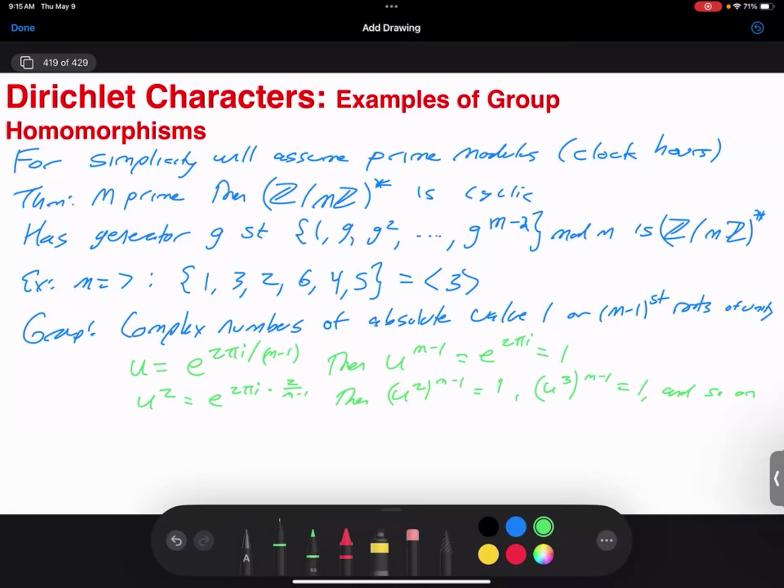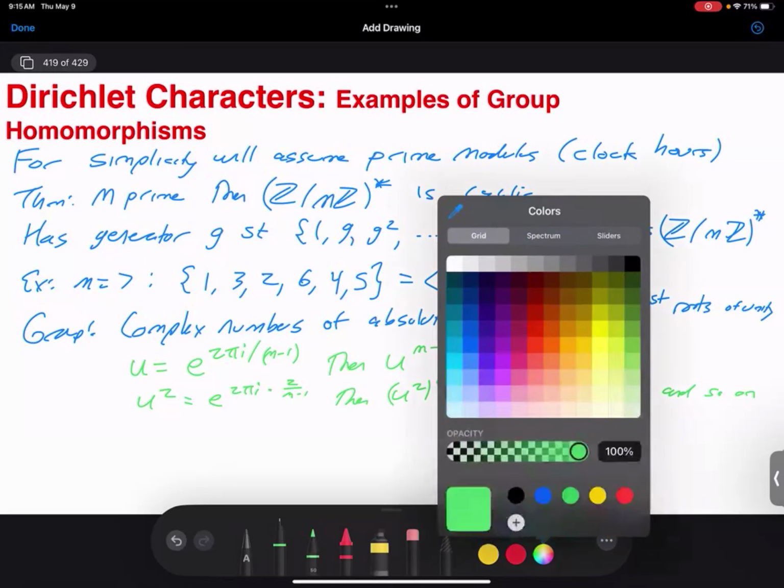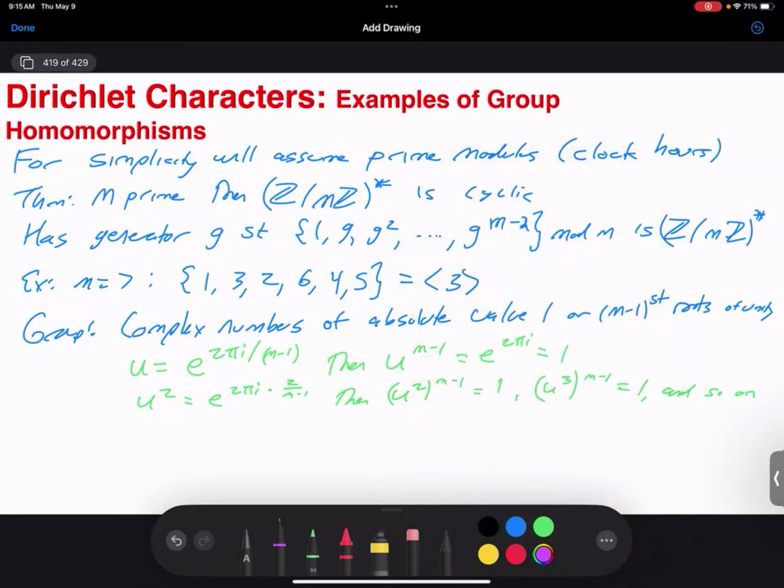And so what I'm going to do is define chi to be a function from (Z mod MZ)* to the M minus first roots of unity.